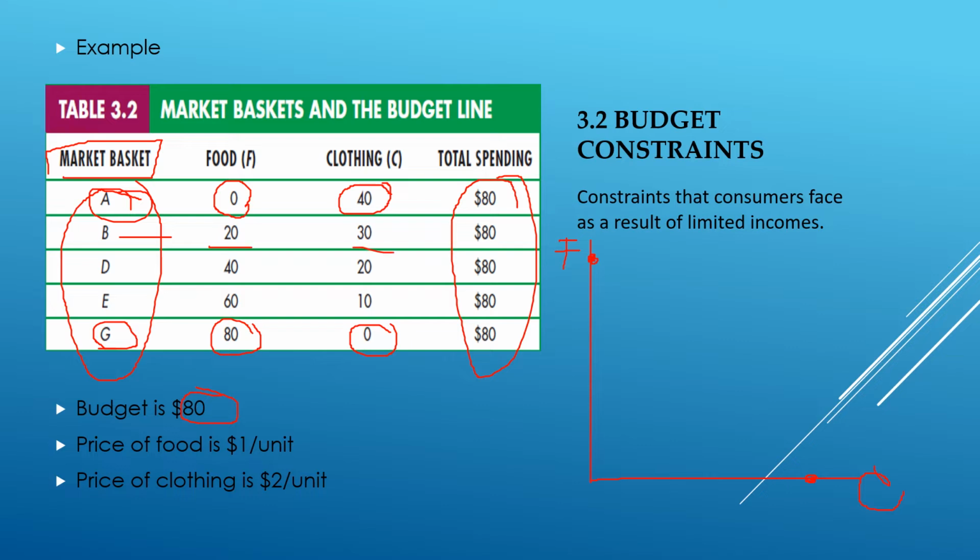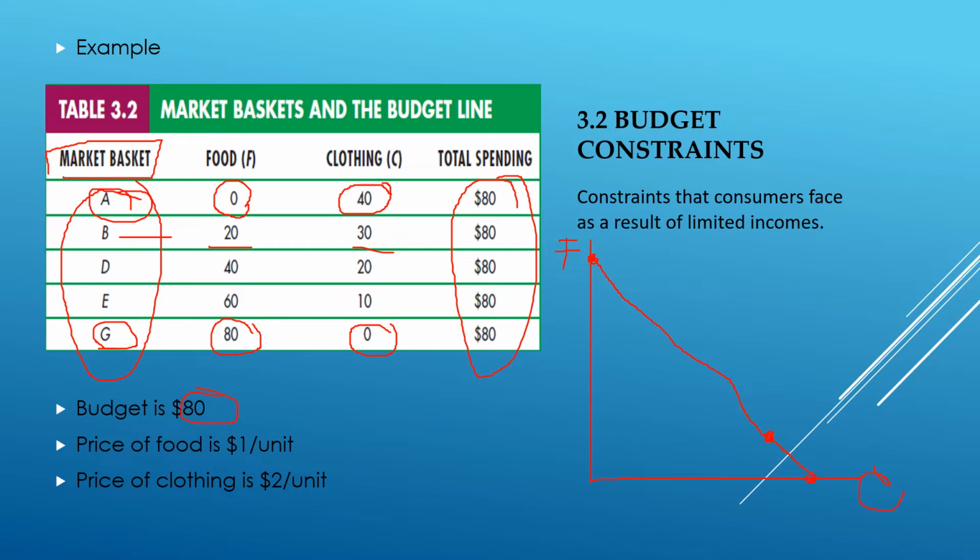Let's assume that this is the 20 food and this is the 30 clothing. So we have here, and so on. Then we just connect the dots, and we already have your budget line.